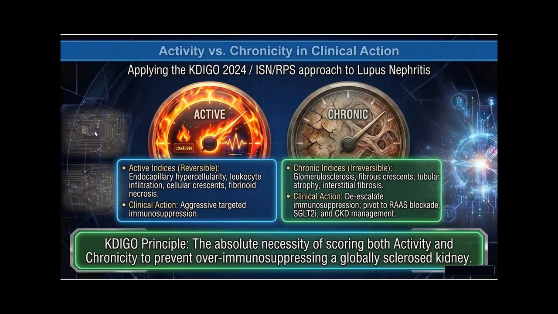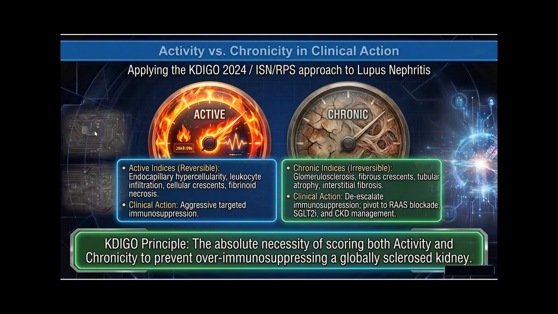When you see this type of pathological picture, this person requires aggressive targeted immunosuppression. Whereas chronic patients have irreversible glomerular sclerosis, fibrotic crescents, tubular atrophy, interstitial fibrosis.